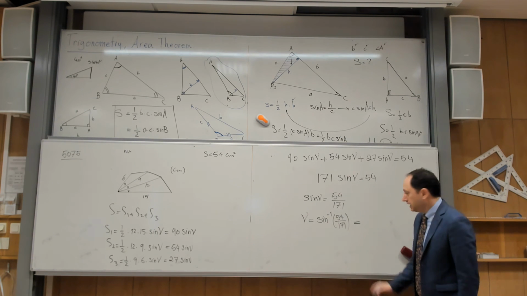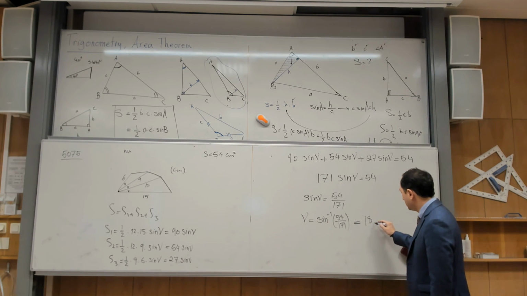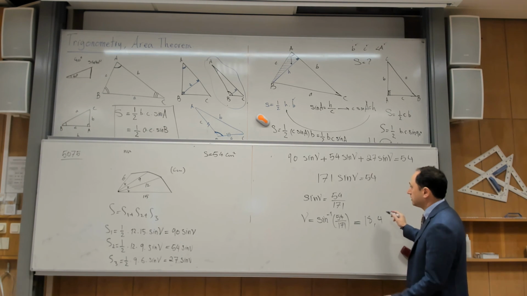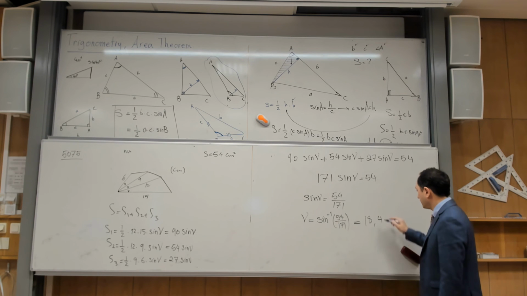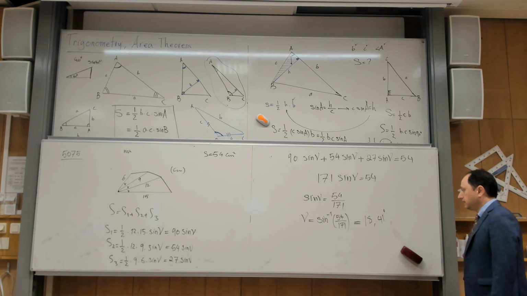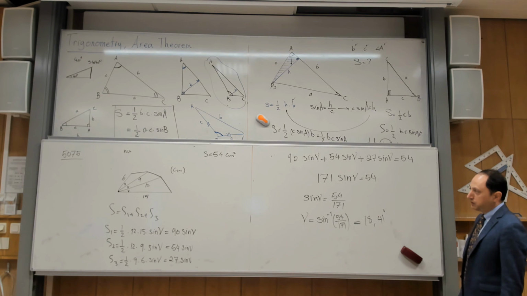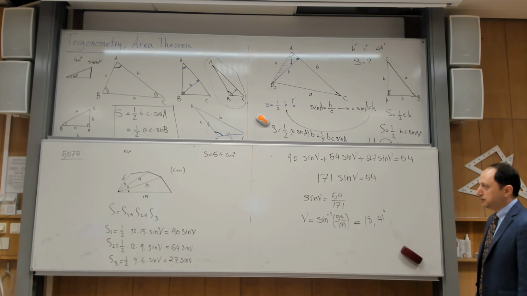18.408. Yeah, that's good, 41 degrees. This is the one, by the way, we have to be careful here. That's the reason it's a double star problem, okay?